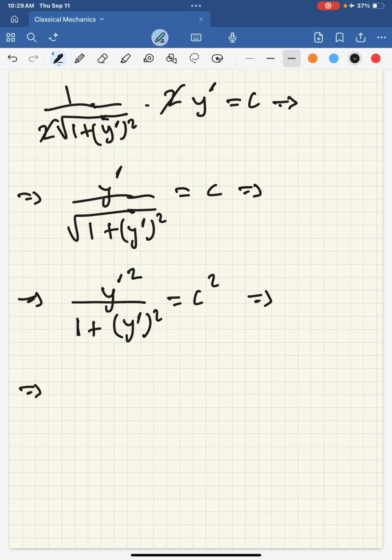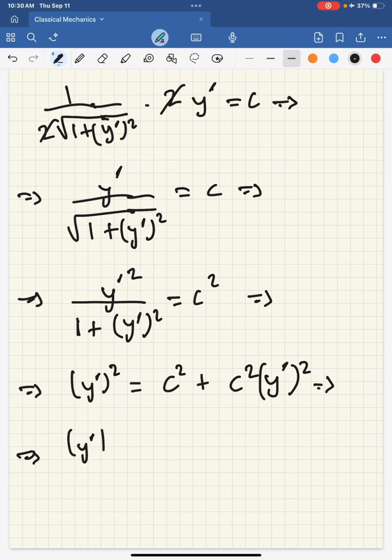So y prime squared is equal to c squared plus c squared y prime squared. So y prime squared times 1 minus c squared is equal to c squared.